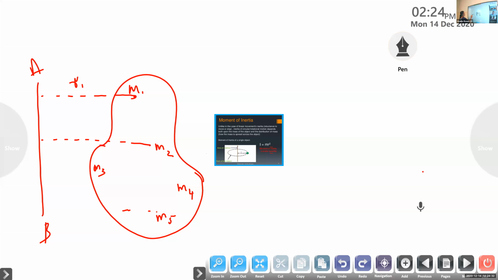For the M2 particle we have R2. For M3 it is R3. For the M4 particle we have R4. And for the M5 particle it is R5. This is the axis.